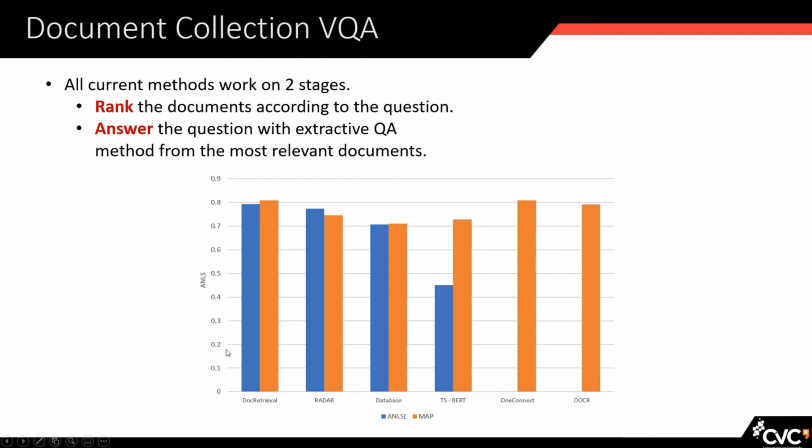For example, the document retrieval method uses a very large model trained on a classification task, and then uses the logits to rank the documents, and finally extracts the answer with the doc reader method that was presented in the single-page document visual question answering. So as you can see, it is these 2 steps: first get the documents and then get the answer.